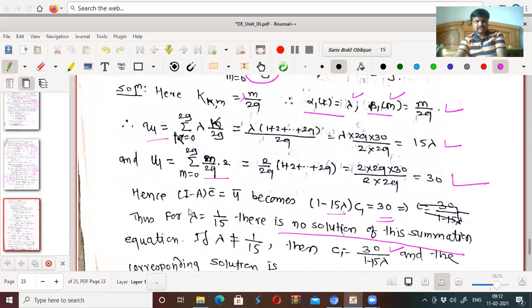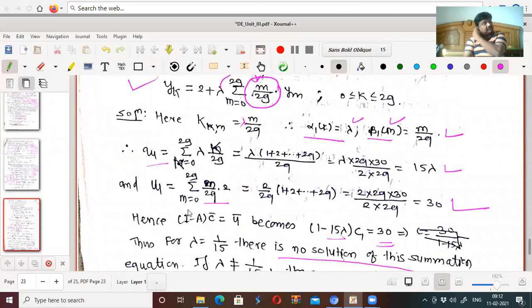Okay. So this is about Fredholm and Volterra summation equations. Fredholm summation equation means the upper limit is fixed, and Volterra summation equation means the upper limit is variable, that is a function of something like k. Both have solutions, and the solutions can be obtained by using these methods.